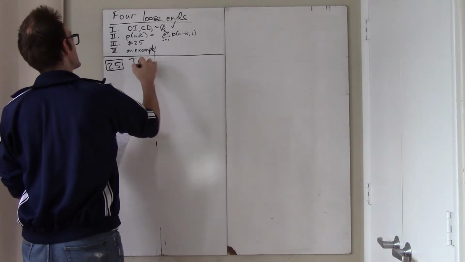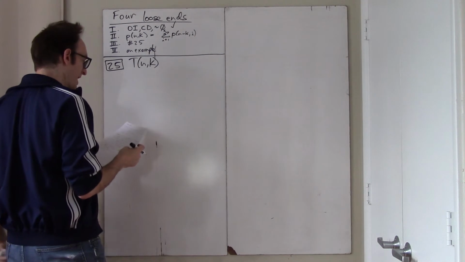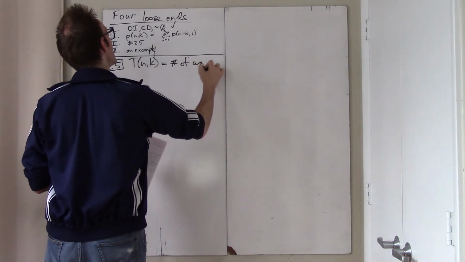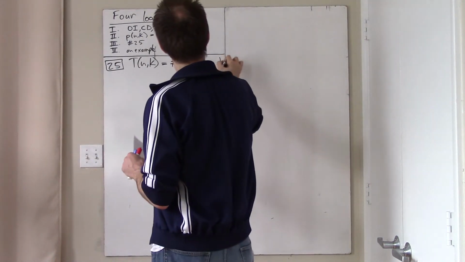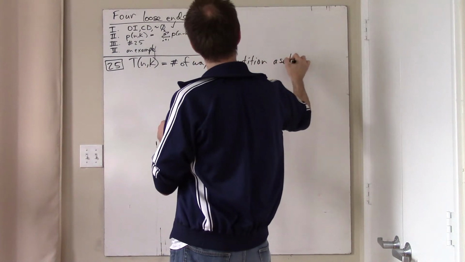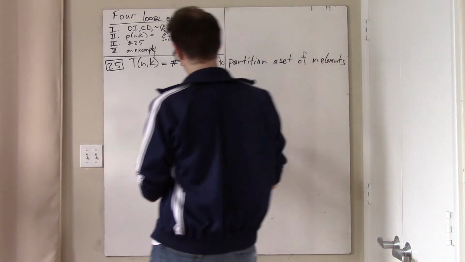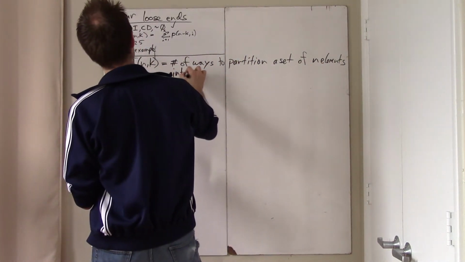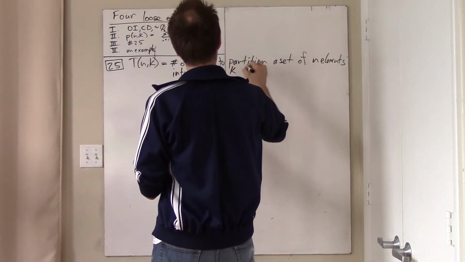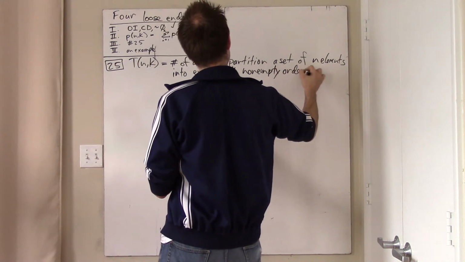It introduces this new combinatorial construct, T(n,k), and this is the number of ways to partition a set of n elements into exactly k non-empty ordered subsets.